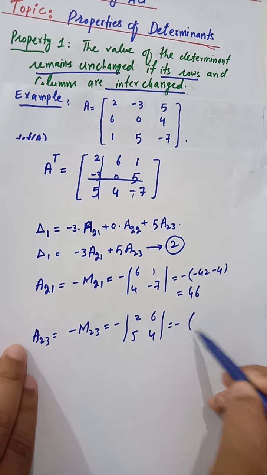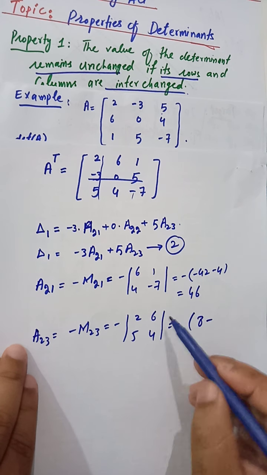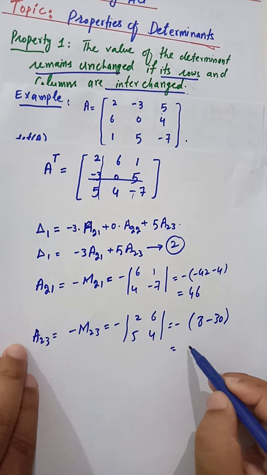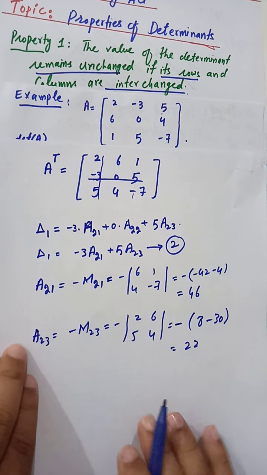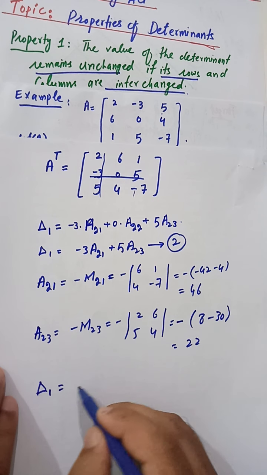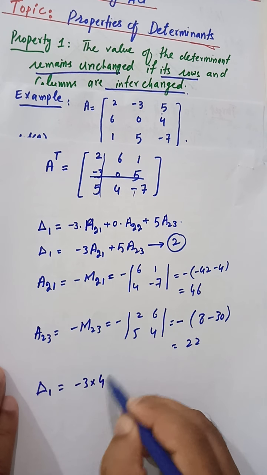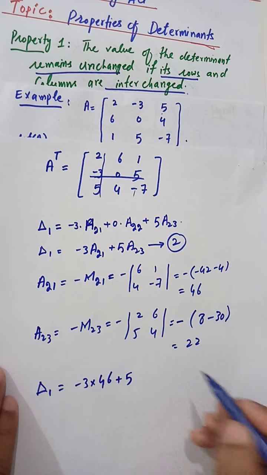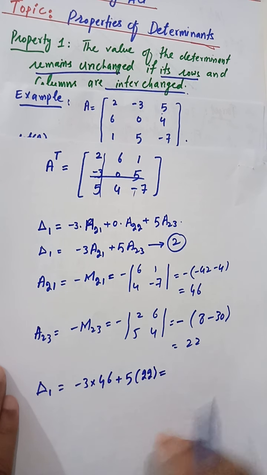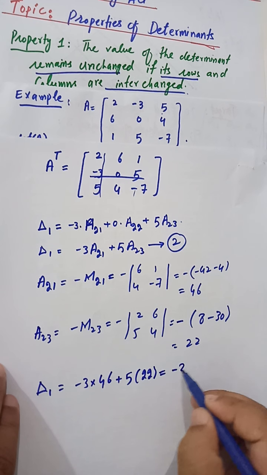So this is minus, this is 8 minus 30, so this is equal to plus 22. Now put these values in equation number 2. So minus 3 multiplied by 46, 5 multiplied by 22. From here you will get minus 28.